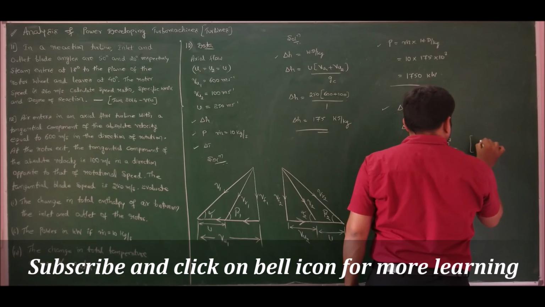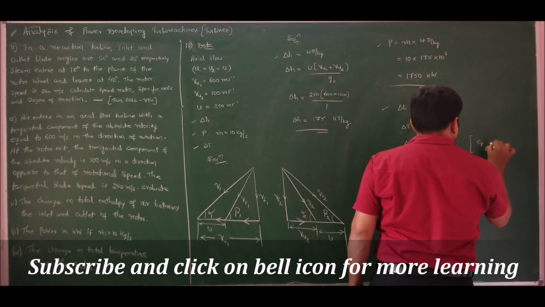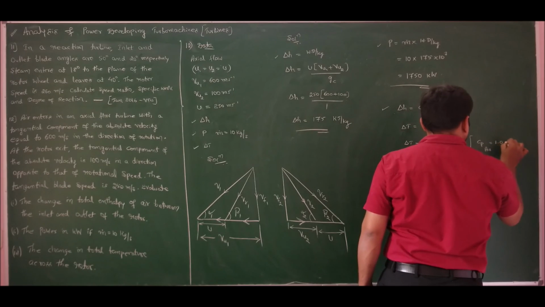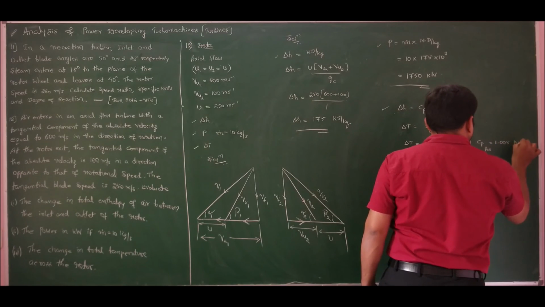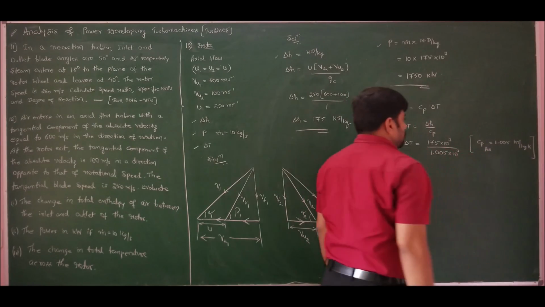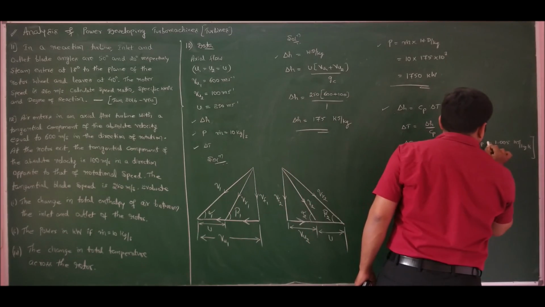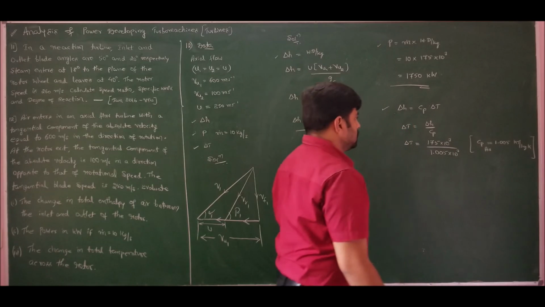because we know that specific heat of air, Cp of air is 1.005 kilojoules per kg Kelvin, whereas Cv is 0.717, which we have studied during our analysis of air standard cycles.